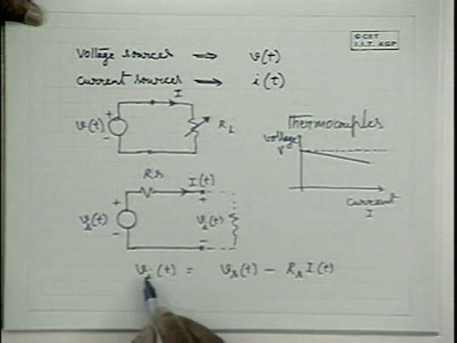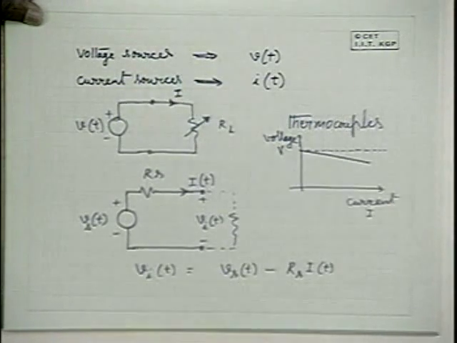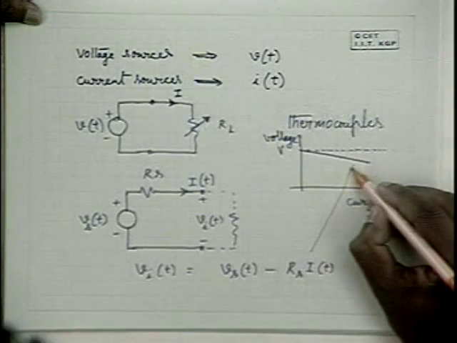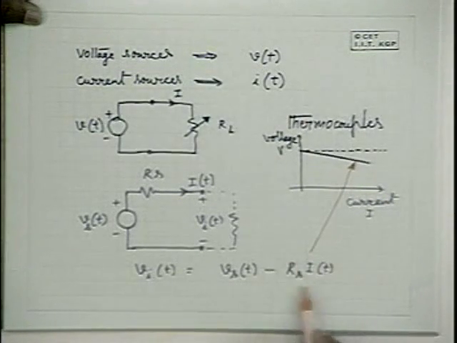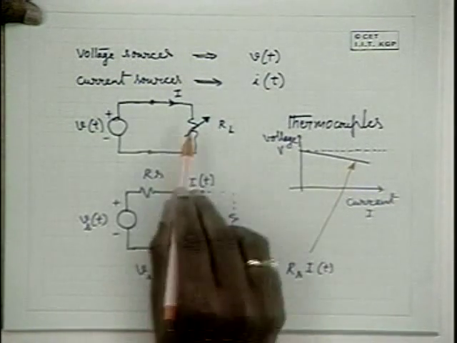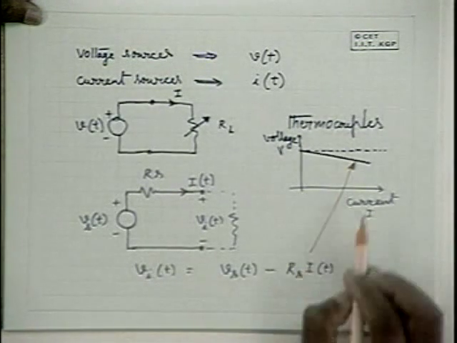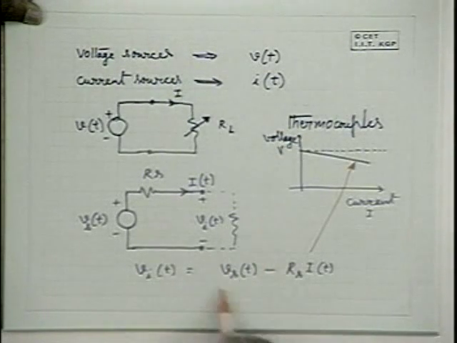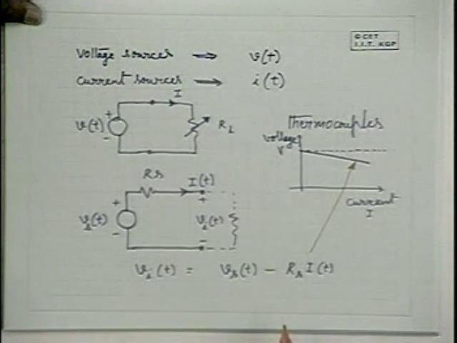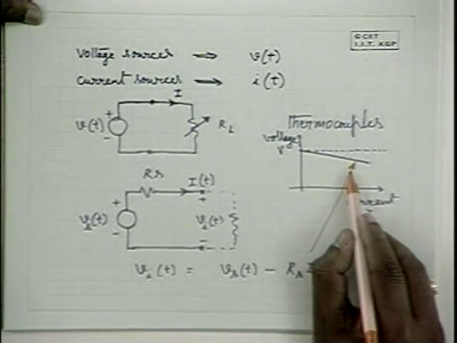Now please note that this equation is governed by this characteristic. For 0 current, the terminal voltage V(t) is equal to VS(t) itself. With current drawn, V(t) is going to be less than VS(t). So this is a straight line equation with slope equal to minus RS.